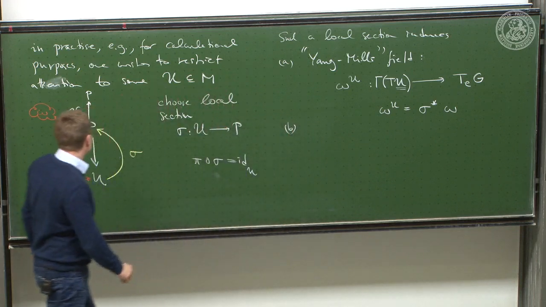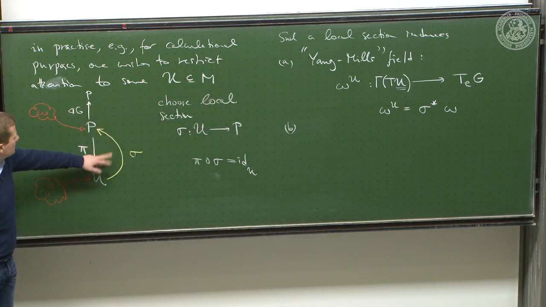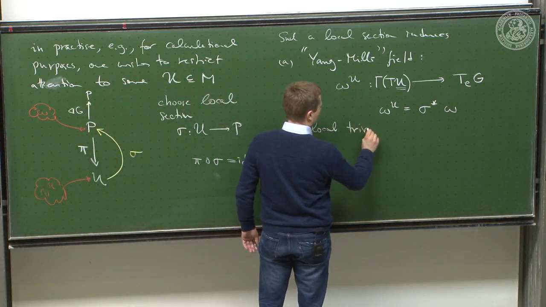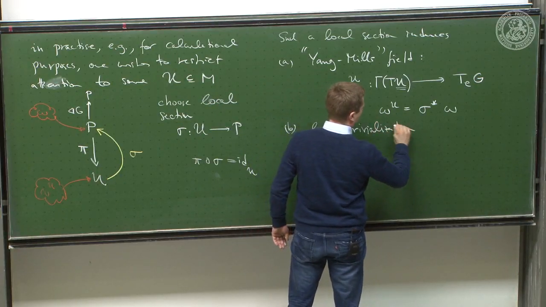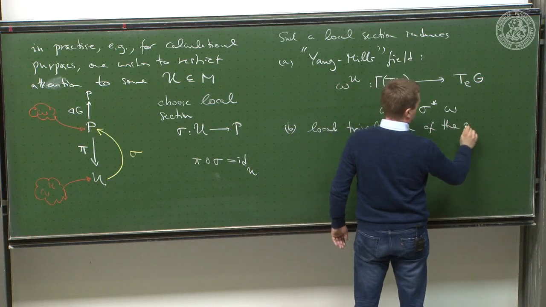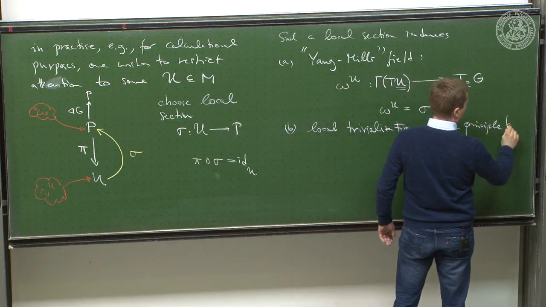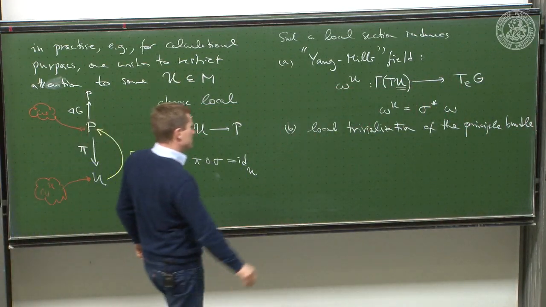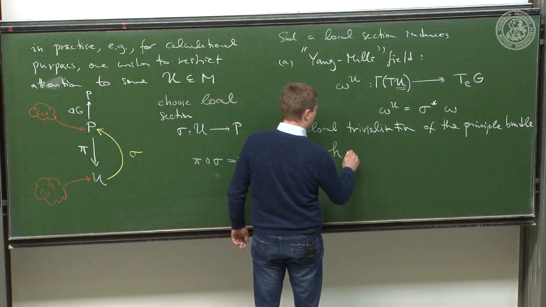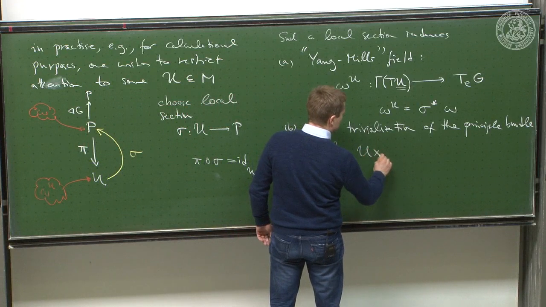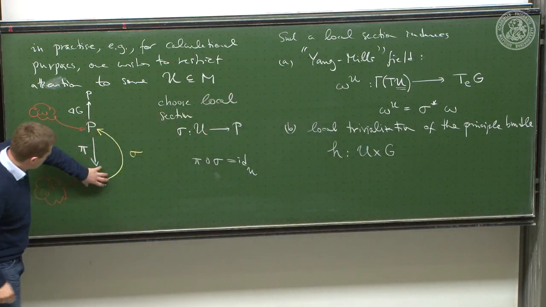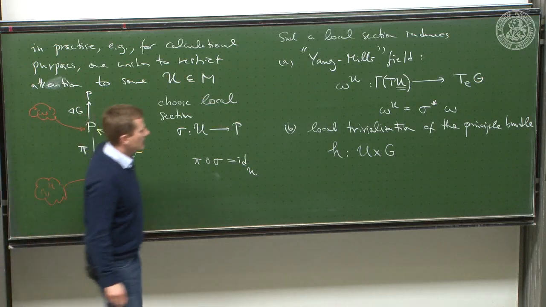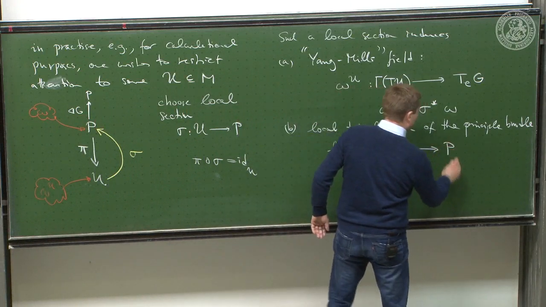Now, this section does another thing. This section can also be used to define a local trivialization of the principal bundle. So what is a local trivialization? We call it h. A local trivialization is a map that takes this local region, attaches to each point of it the group, and maps this into the bundle.